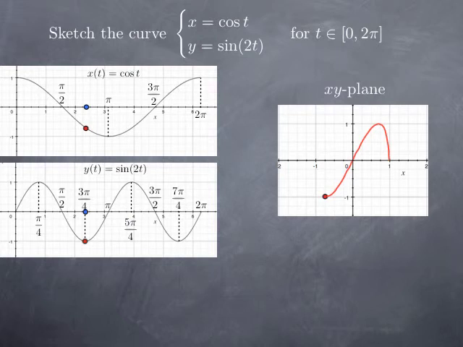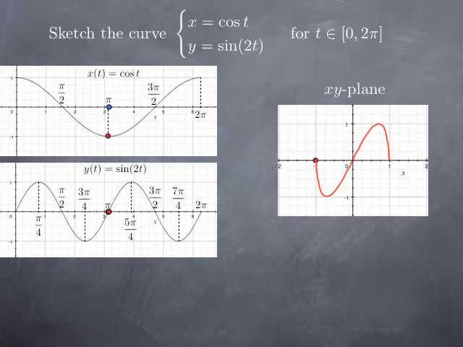When the parameter t continues to increase all the way to pi, then x is going to decrease to its minimal value of negative 1, while y is going to increase back to 0. And therefore we reach that point of coordinate negative 1, 0.